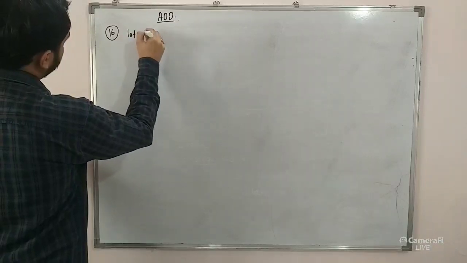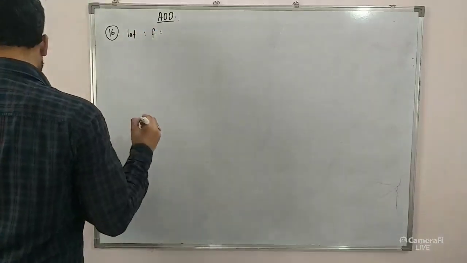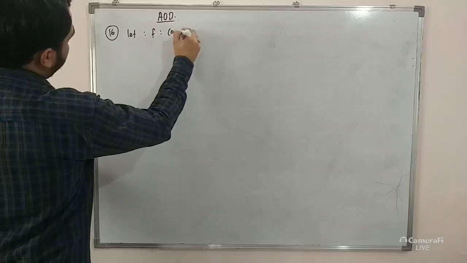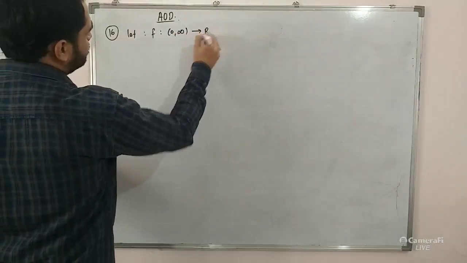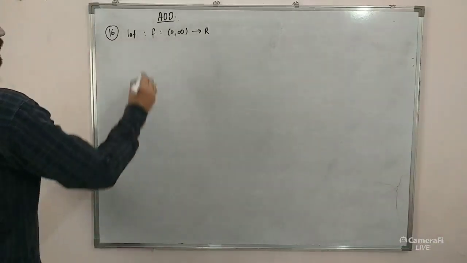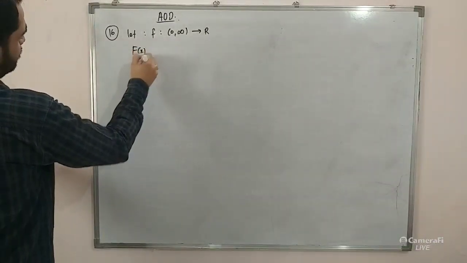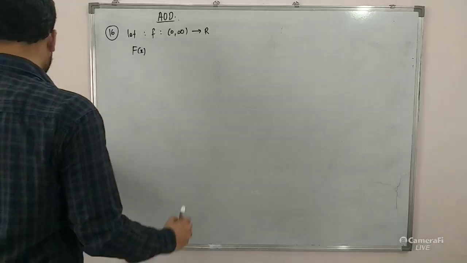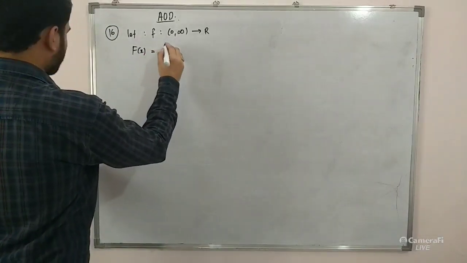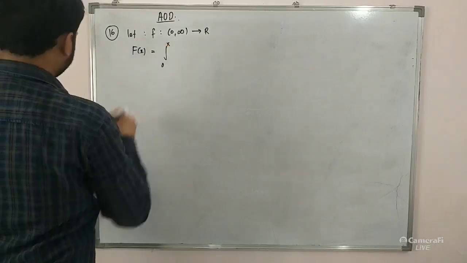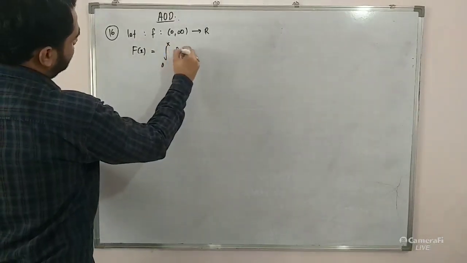let f from 0 to infinity tend to R, and capital F of x is equal to the integral from 0 to x of f of t dt.